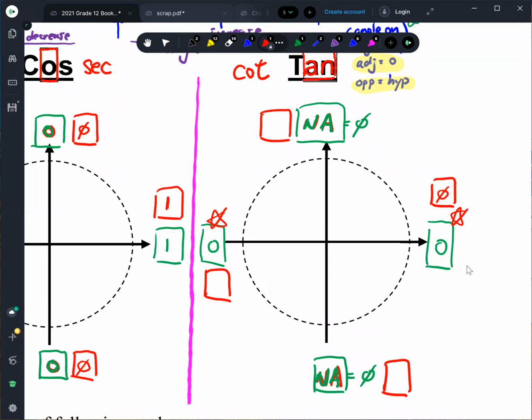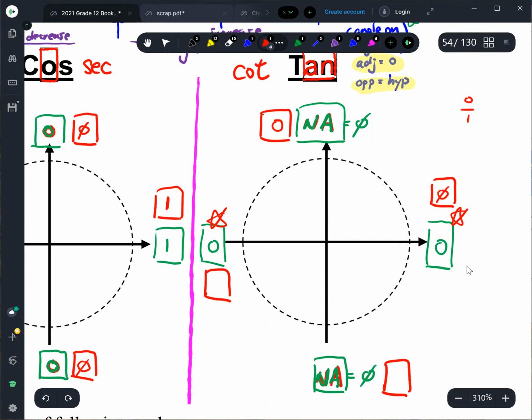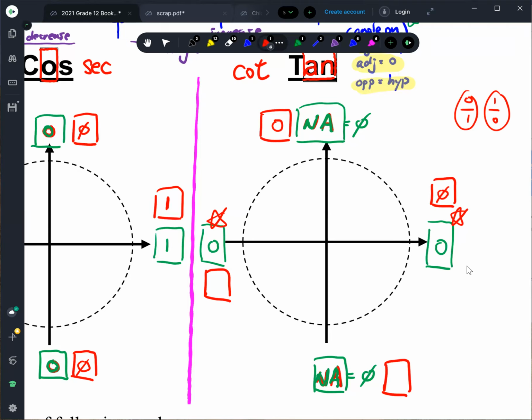If you flip NA, it's undefined. NA is the same as undefined. When you flip undefined, it will become 0. If you flip 0, it will become undefined. 0 means 0 over 1, and if you flip it, it becomes 1 over 0. 1 over 0 is undefined, 0 over 1 is 0. It's different.